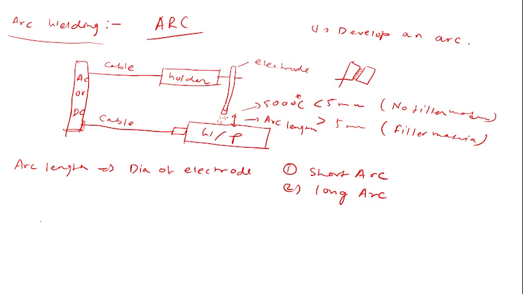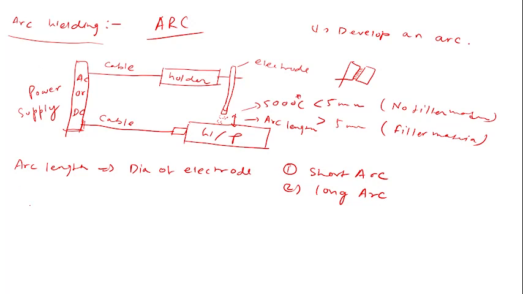Now let's move on to the power supply. In the principle we have just seen that we used one power supply. According to the thickness and the material you are going to use, you will decide what kind of power supply you need.